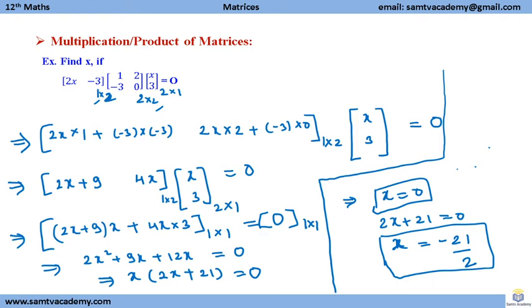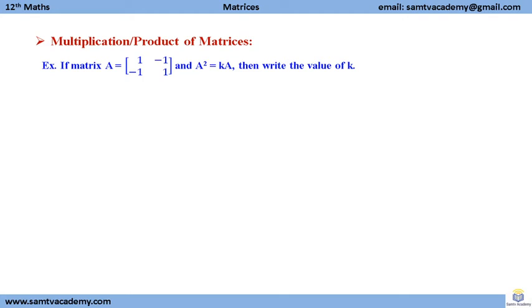Okay, let's take another example. This is what we have to find. If matrix A is this and A square is equal to KA, then write the value of K. So we have to calculate the value of A. For this we will first calculate the value of A square.